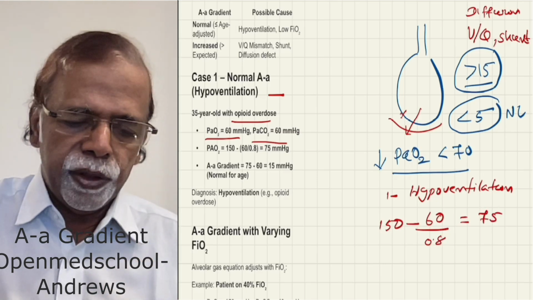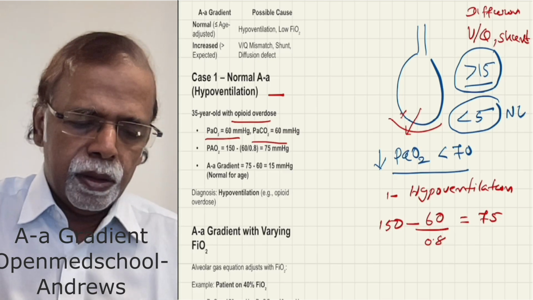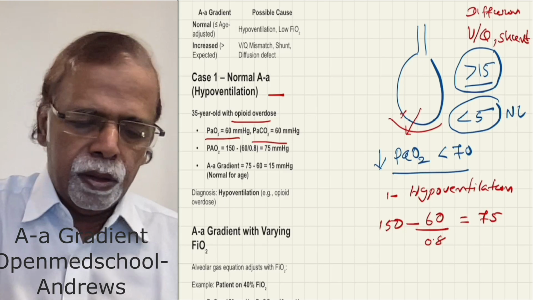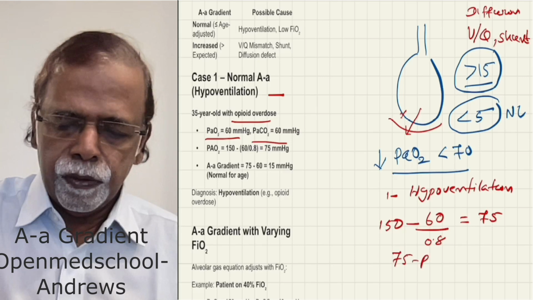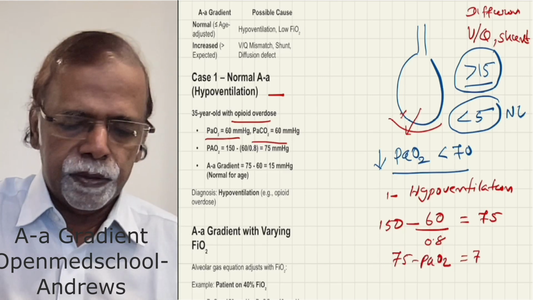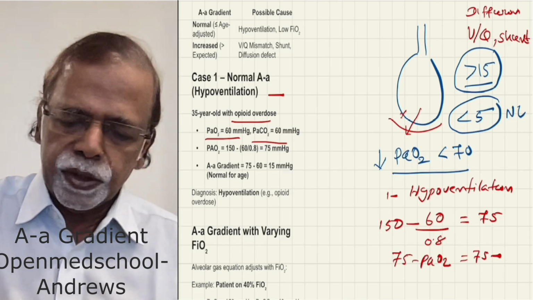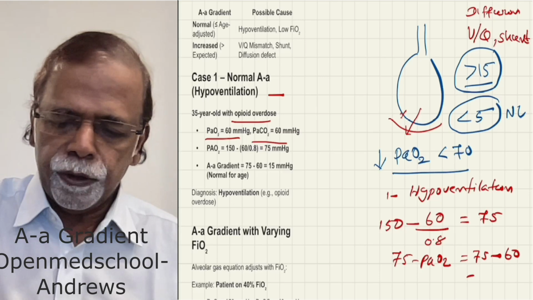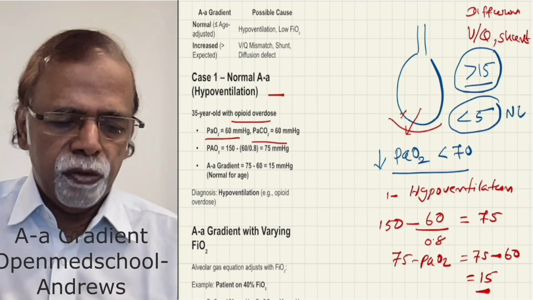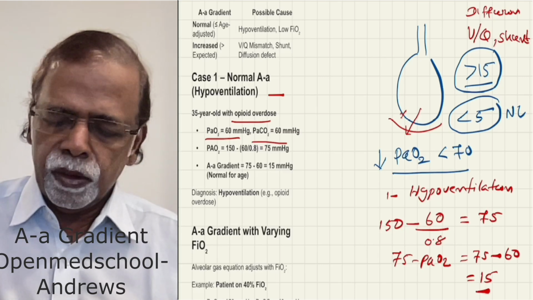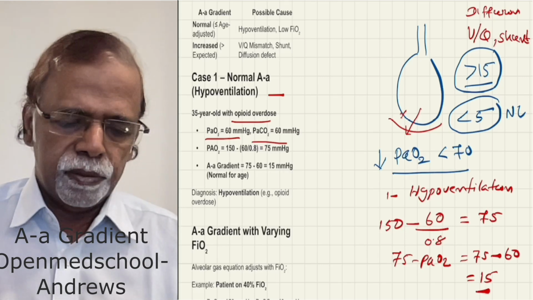So the AA gradient will be 75 minus the PaO₂, that is 75 minus 60, which is equal to 15. So the AA gradient is normal for the age. You can take 5 to 15 as normal.